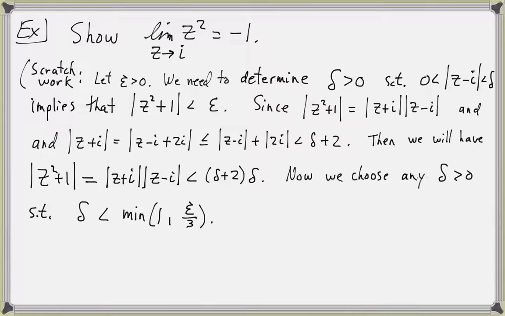So as long as delta is less than 1 and epsilon over 3, then the quantity delta plus 2 times delta will be less than epsilon. So that's the end of the scratch work.